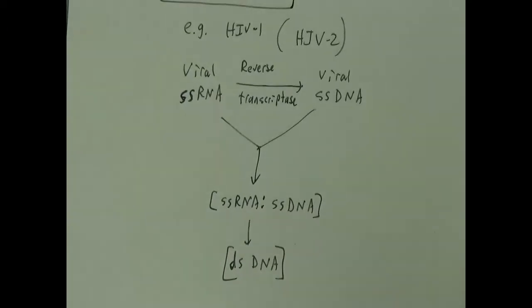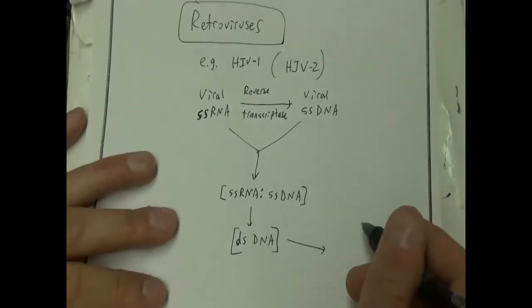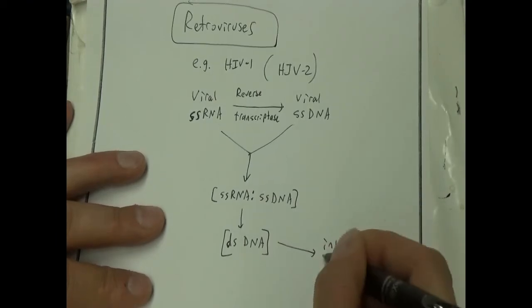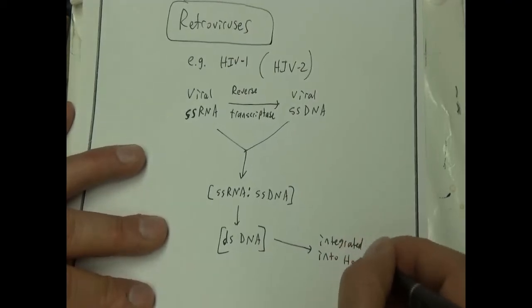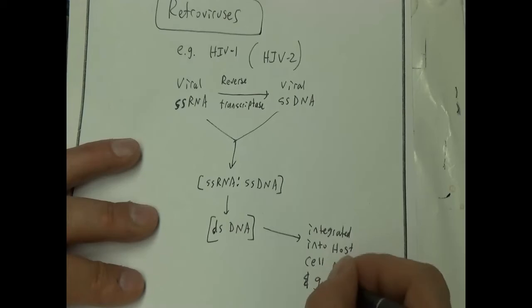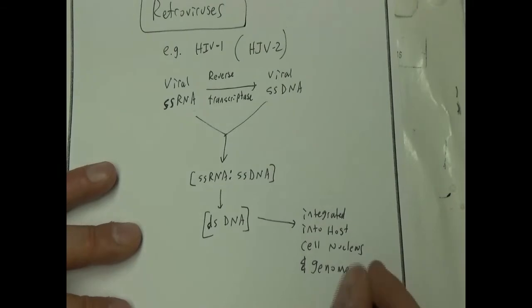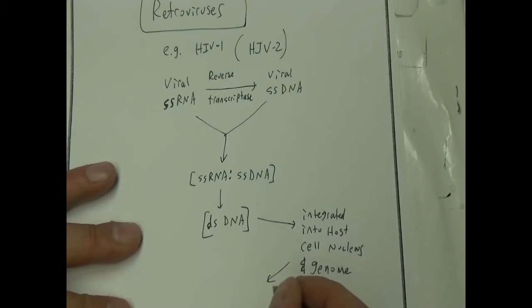Okay. All right, and then through a series of other operations, this gets integrated into the host cell nucleus and genome. So it basically gets inserted into a human genome. And then it does the same kind of thing that the other viruses do. So eventually, through a couple steps, it creates the viral polypeptide.